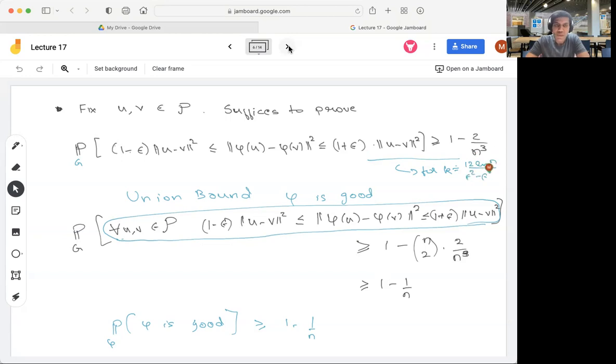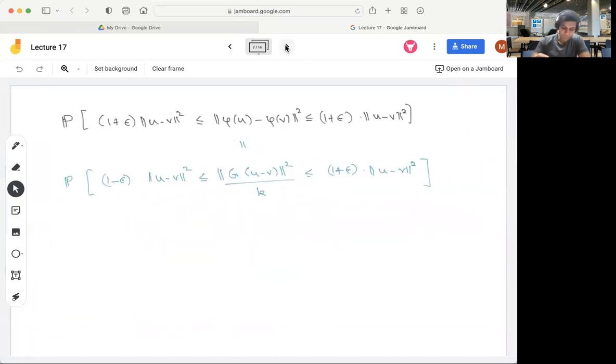This will be true for k greater than or equal to this. I want k as small as possible. So in particular, for k equal to this number, I will be able to prove the bound that I want on the probability. And so there will be a linear transformation with that particular choice of k. Does that answer your question? Yeah. Okay.